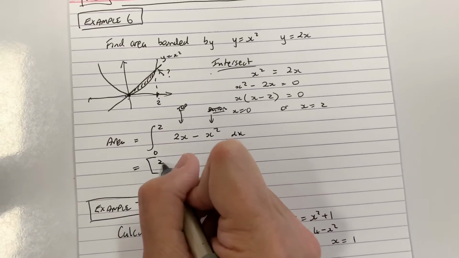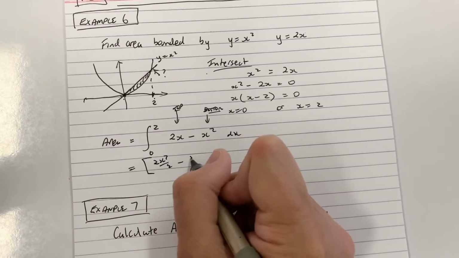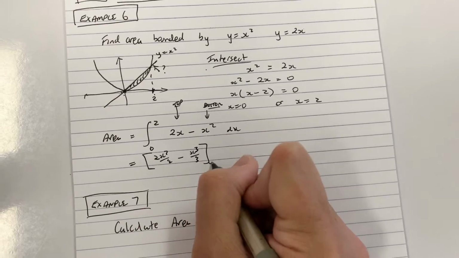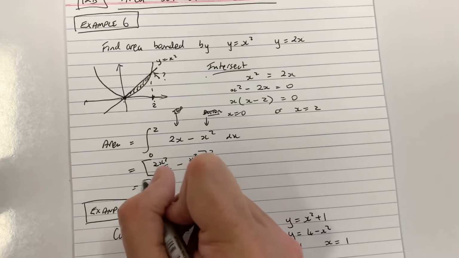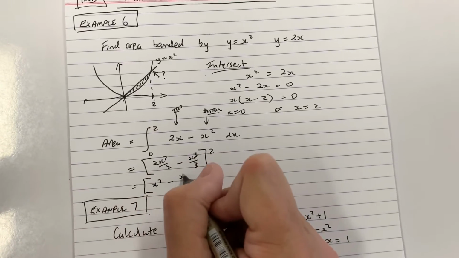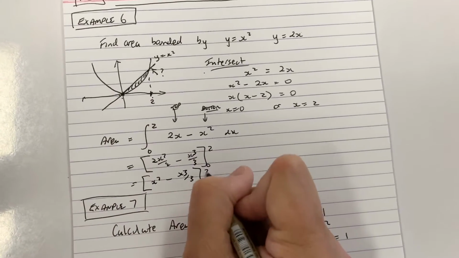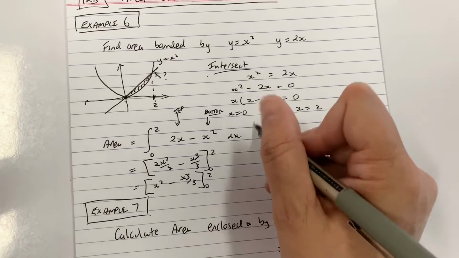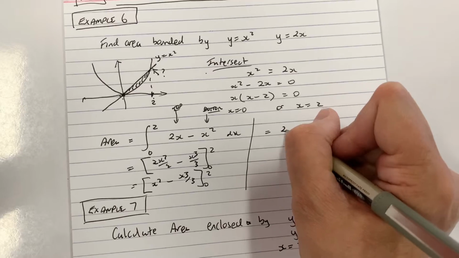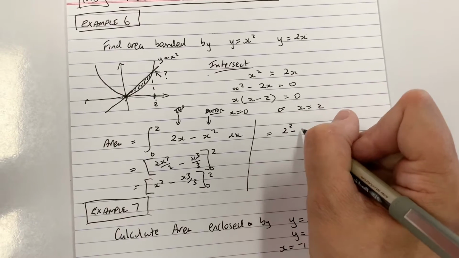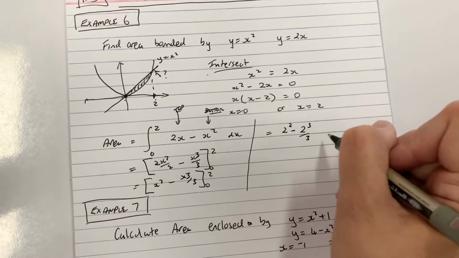That'll be 2x squared on 2 minus x cubed on 3 between 0 and 2. Obviously that's going to be x squared minus x cubed on 3 between 0 and 2. I'm just going to write that here. Sub in the 2, we get 2 squared minus 2 cubed on 3.